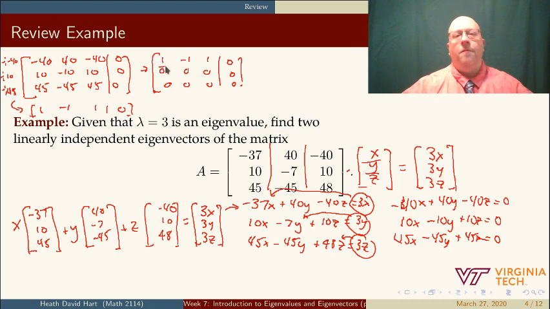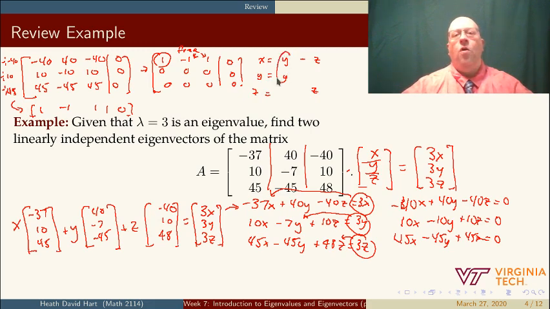Here is my basic variable, and these two variables are free. And so my solution set is that x is equal to y minus z, and then y is equal to y, and z is equal to z.